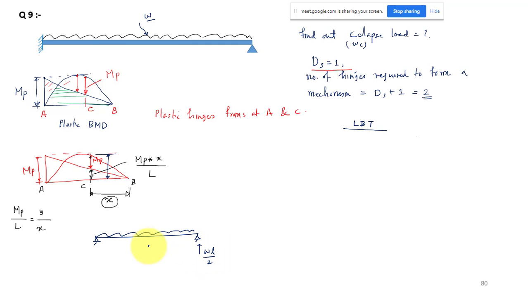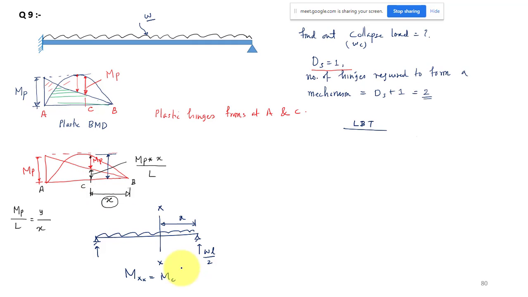And we are taking a section here at x. This distance is x meter, and this total height is nothing but your bending moment at the section C. Here I am calling it MC, for the section C.